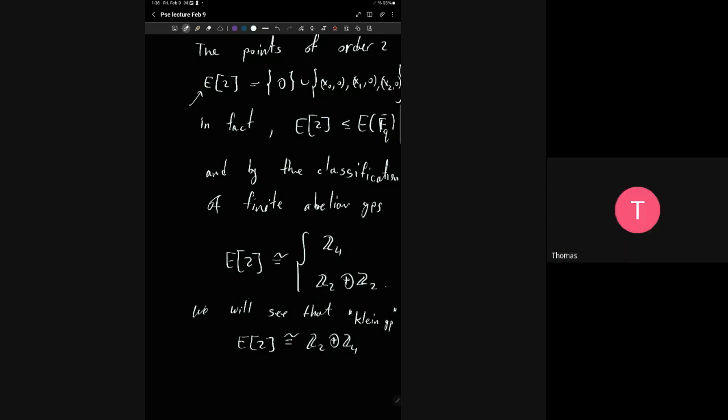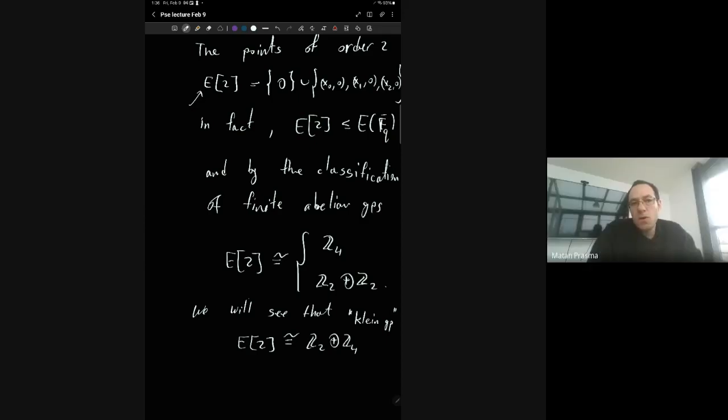Yes. Sorry, one question. Can you repeat what exactly is a point of order 2? I think I didn't get that. So in general, for any group and an element in a group, the order of the element is the minimal natural number such that if you add the point to itself this many times, you get 0.